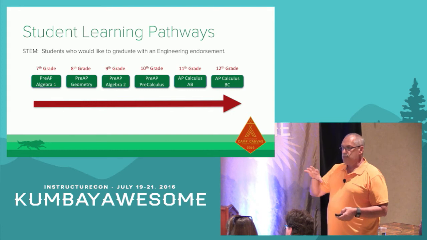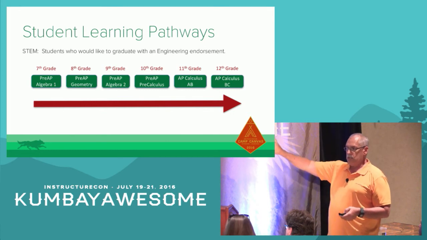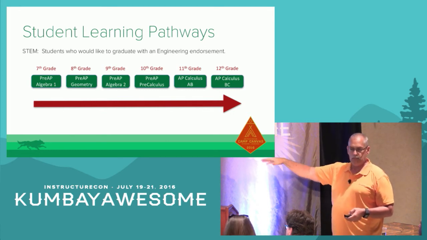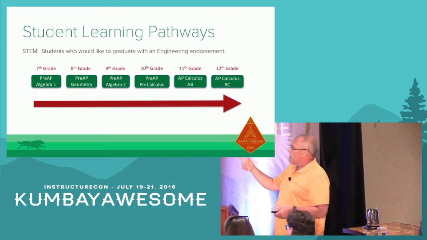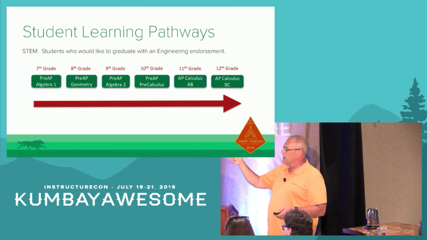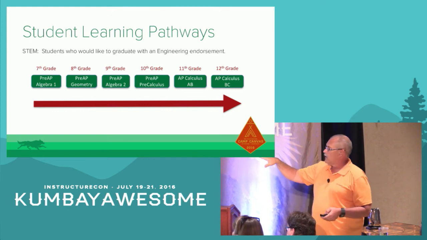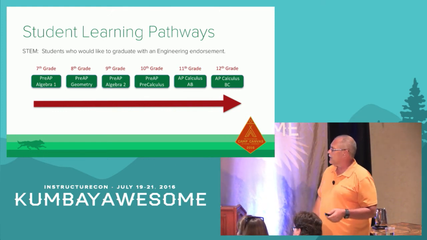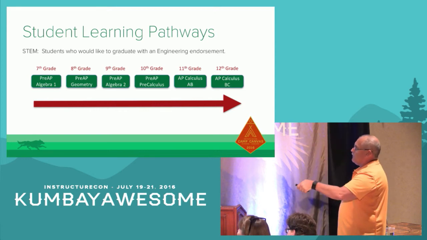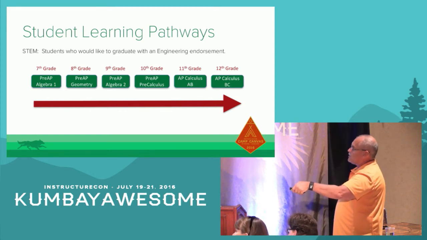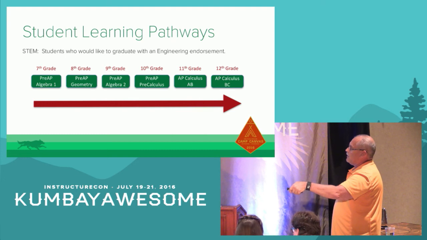I don't spend a lot of time in this kind of stuff in what we're doing right now. So when I first started building this presentation, I looked at this and I thought, oh my gosh, 7th graders, pre-algebra is amazing. From a data standpoint, from a curricular standpoint, I found this interesting.